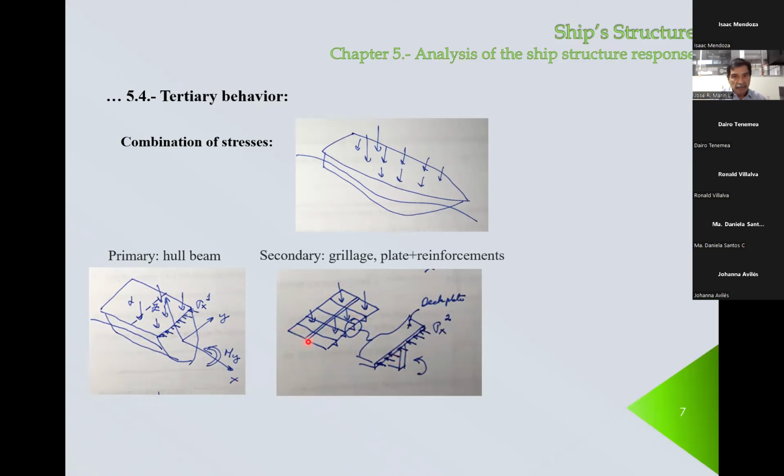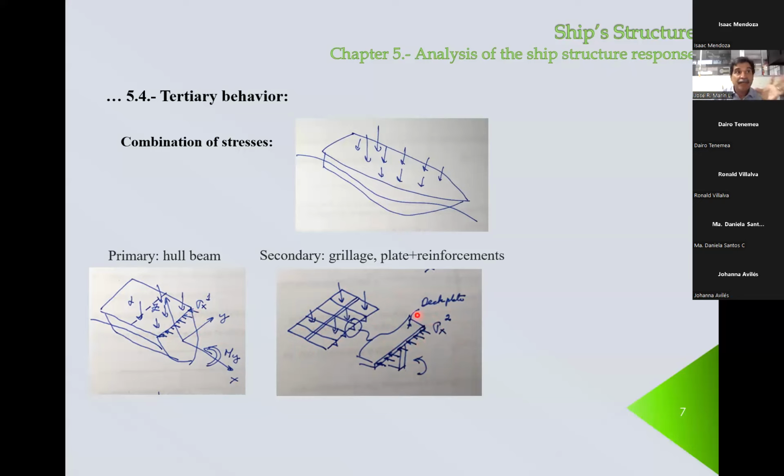Because of the bending of the reinforced plate, this bending moment is also generated. So on the plate, this plate is the same as this plate. We have sigma x secondary. So this is primary, this is secondary. And we see that this and that are pointed in the x direction.